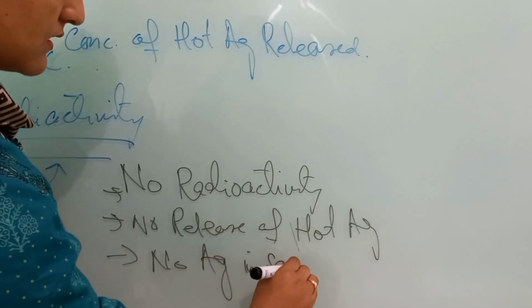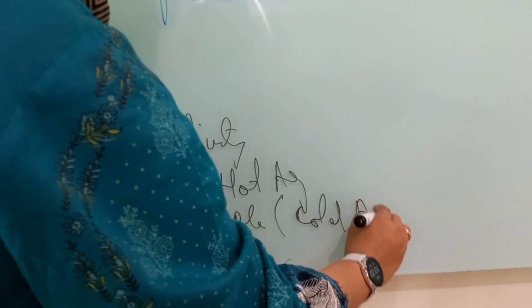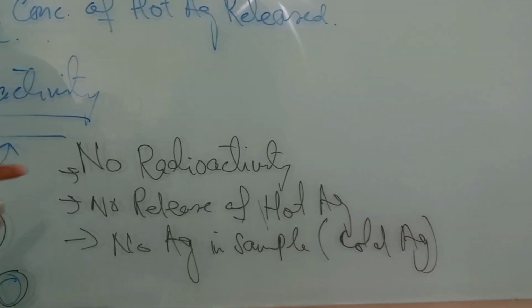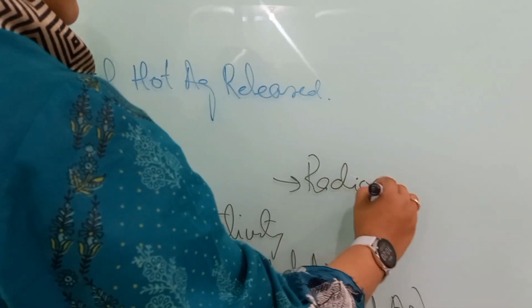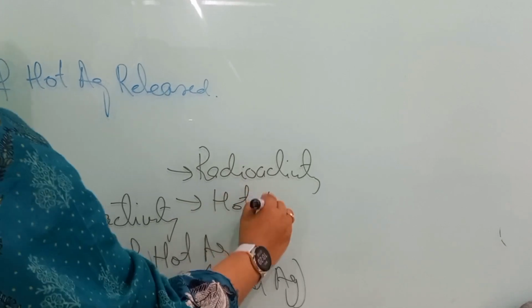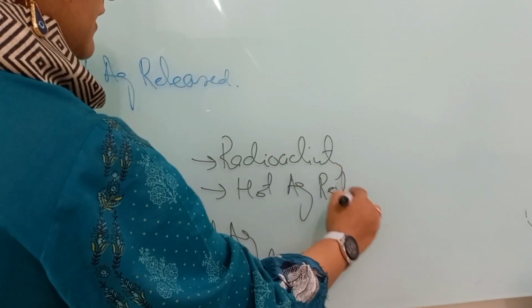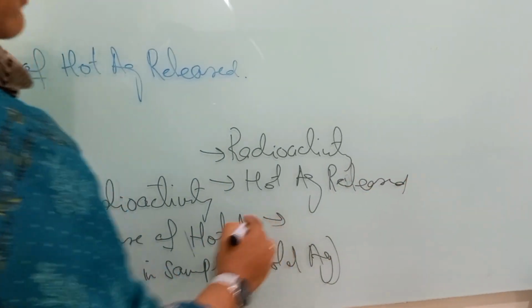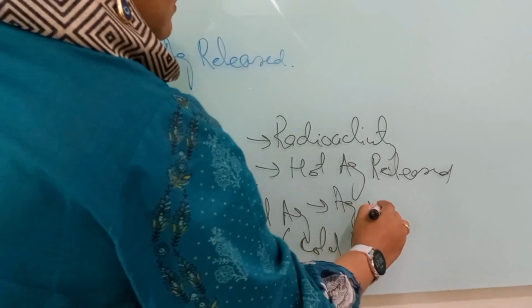Which antigen? The cold antigen. But when radioactivity is observed, that means hot antigens are released. Why are the hot antigens released? Because they are replaced by the cold antigen. And why are they replaced by the cold antigen? Because the cold antigen is present in the sample.